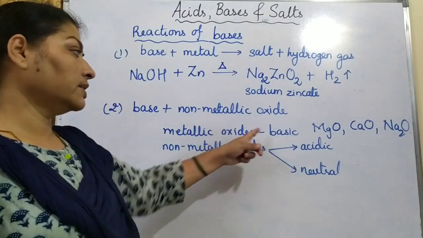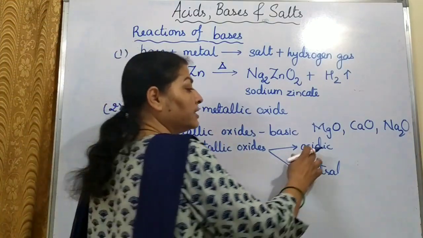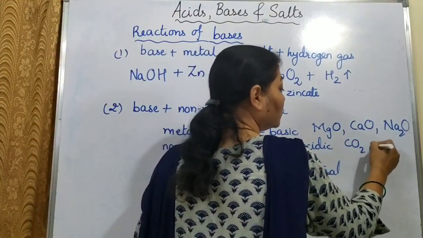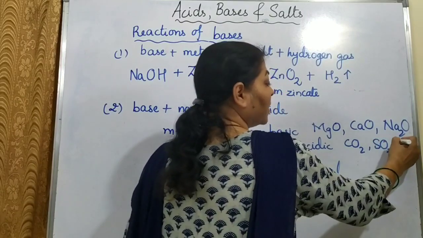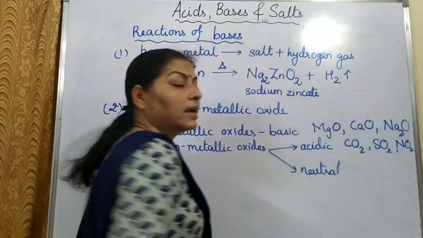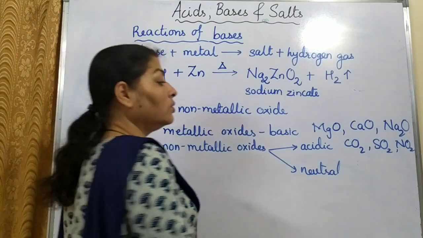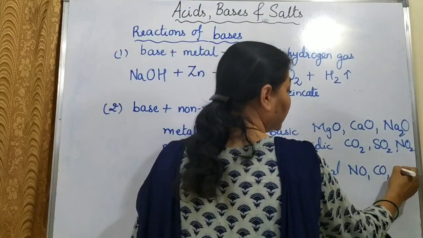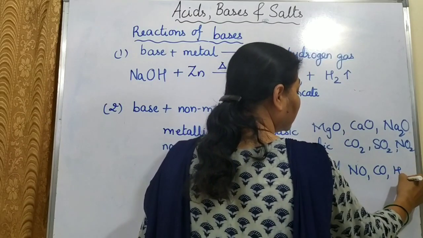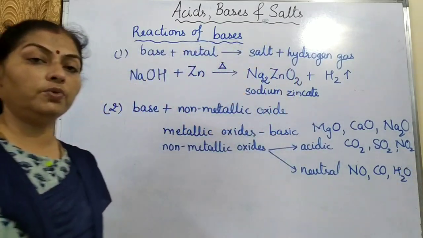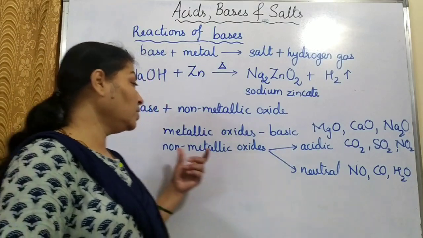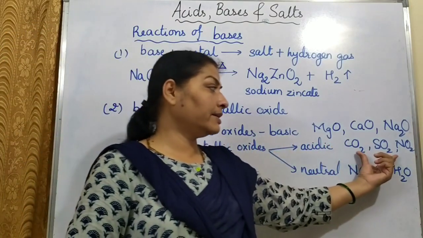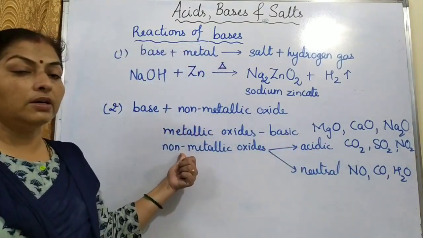So they metallic oxides, they are basic in nature. Non-metallic oxides are acidic, for example CO2, SO2, NO2. All these are acidic gases. Neutral ones are nitrogen monoxide, carbon monoxide, and then water is also a non-metallic oxide which is neutral. So these are the examples of neutral non-metallic oxides and these are the examples of acidic non-metallic oxide.